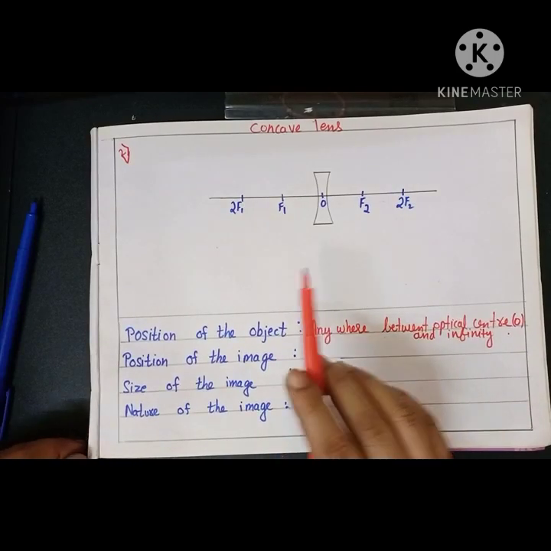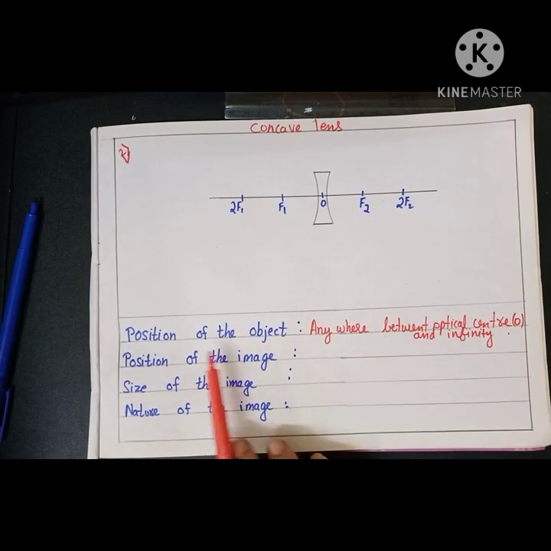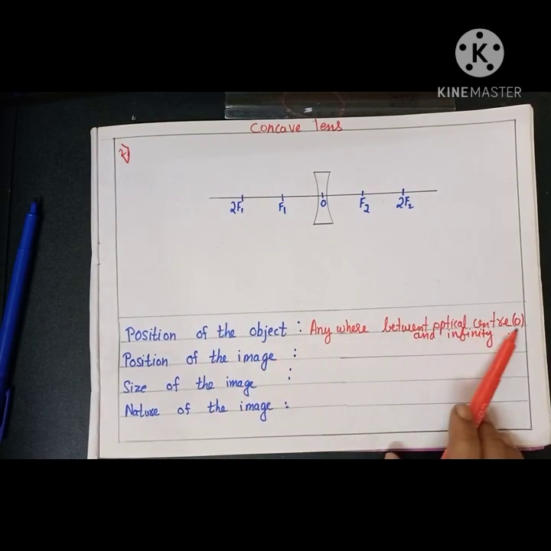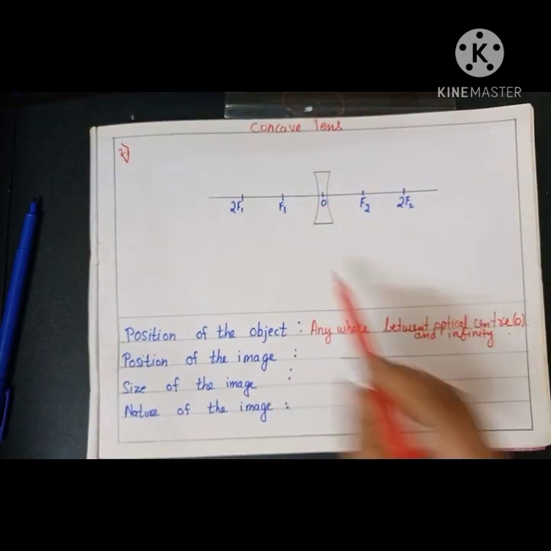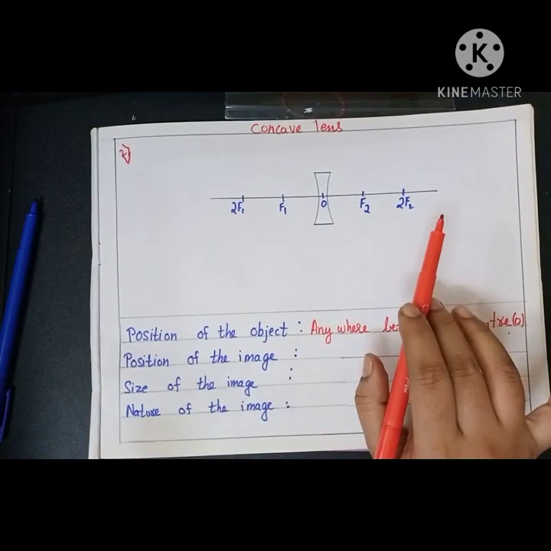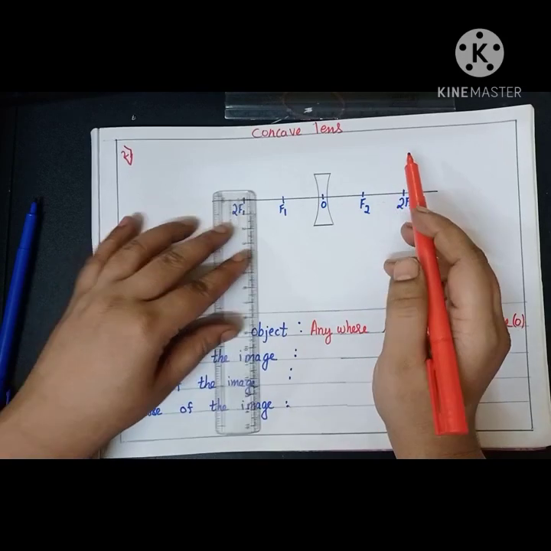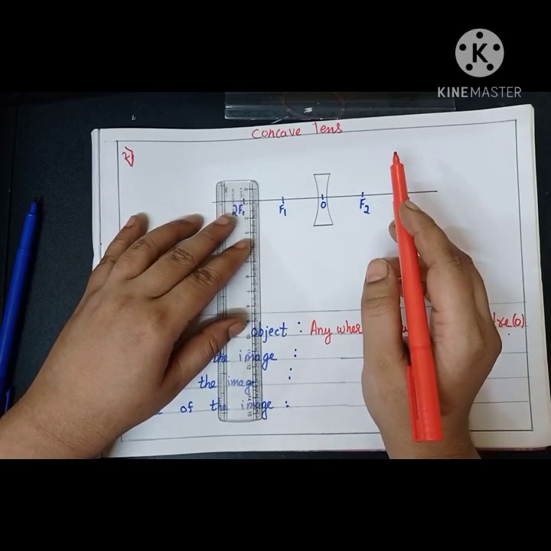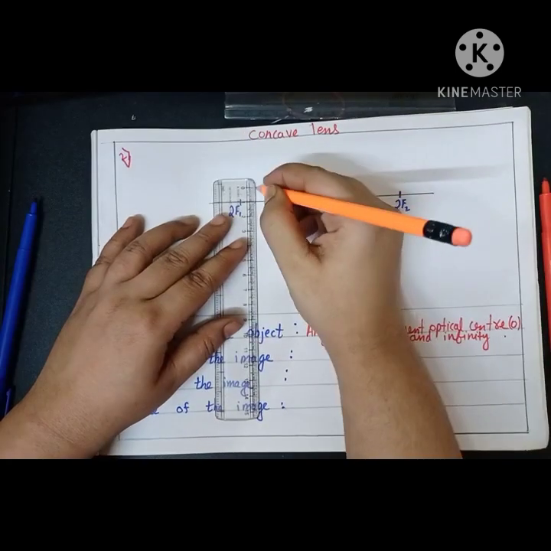Now let us see the ray diagram for concave lens when position of the object is anywhere between optical center, that is O, and at infinity. From O till here, anywhere if the position of the object is. So let us take object between F1 and 2F1 of 1 centimeter.